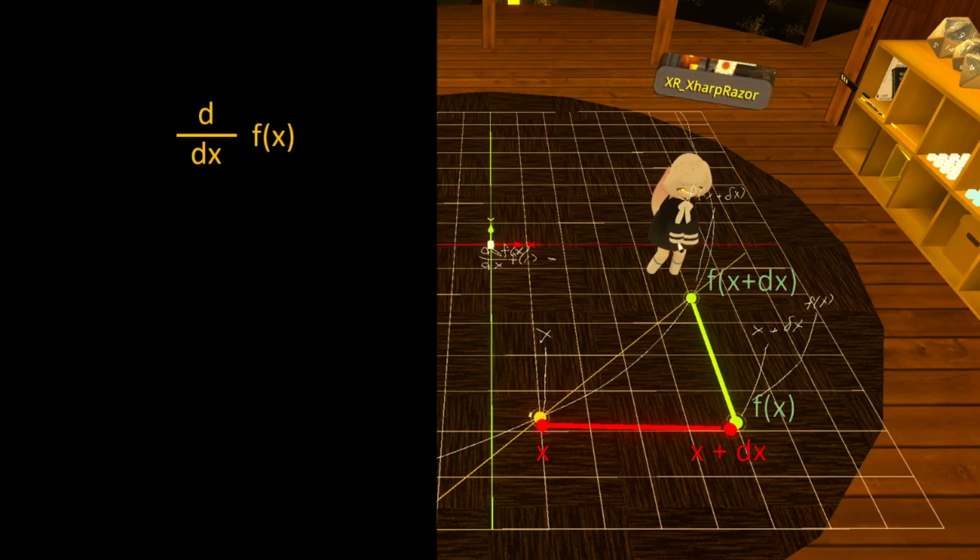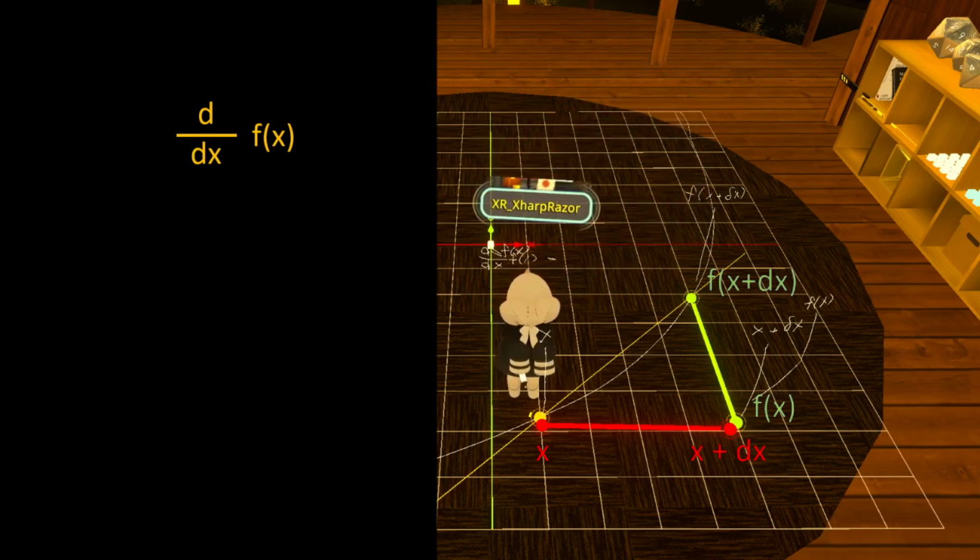For the other point, our x coordinate is just x, and putting it through the function, we have f of x. So that's our y coordinate over here.